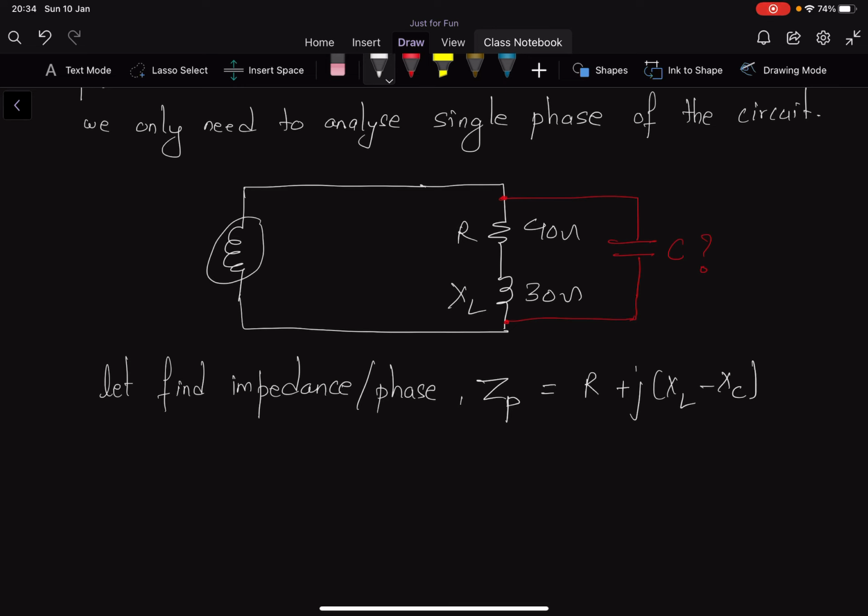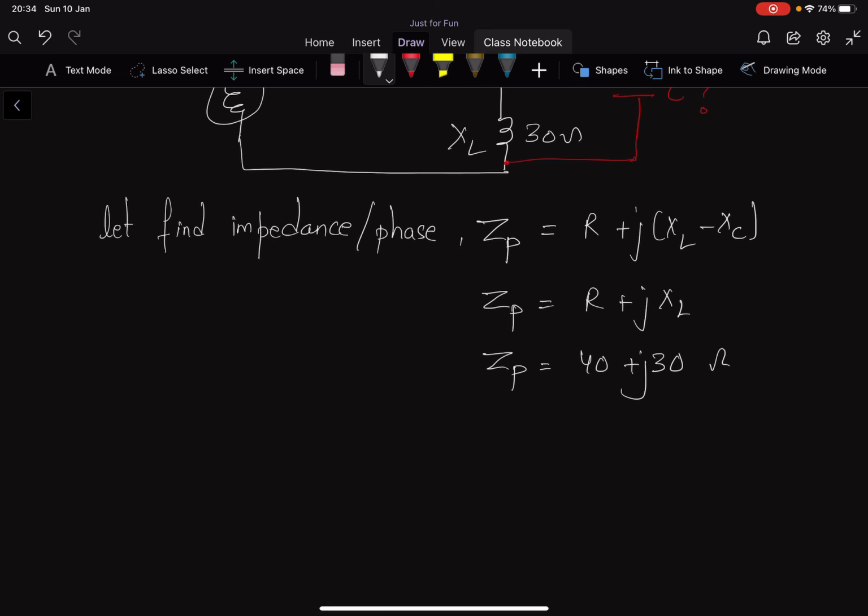Your XC is not there, so you have just XL. So you can write ZP equals R plus jXL. So we have ZP equals 40 plus j30, and this is in ohms.